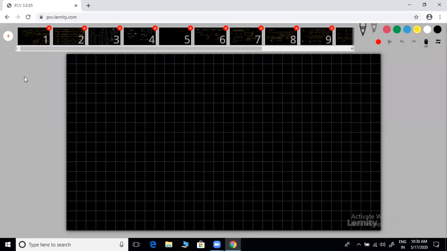Read the statement. I'm taking atomic weight as A, using the symbol. Atomic weight A equal to weight of one atom of the element by 1 AMU.